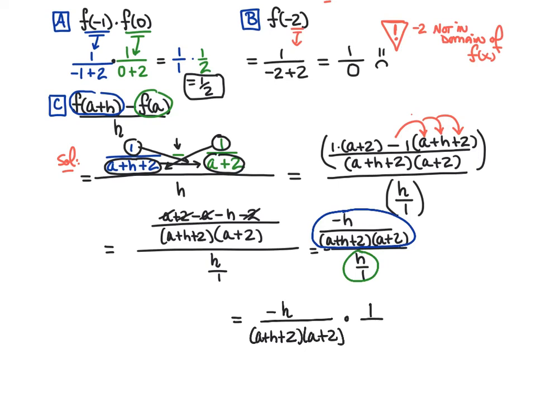So we flip that over, 1 over h. And we're going to multiply straight across. You multiply this across, and you multiply this across. And the h's are actually going to be able to cancel. So ultimately, you're left with 1 over a, and then a plus h plus 2, and a plus 2 as your final answer.